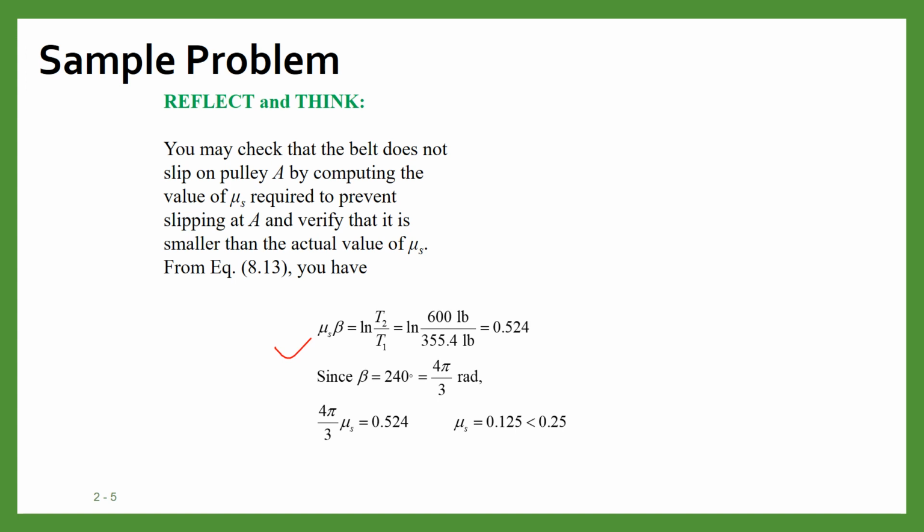Now beta for the bigger pulley is 240 degrees, which is 4 pi by 3 radians. From this we can calculate mu s, which comes out to be 0.125, much smaller than the maximum friction coefficient 0.25. So we can say that slippage would not occur on pulley A.